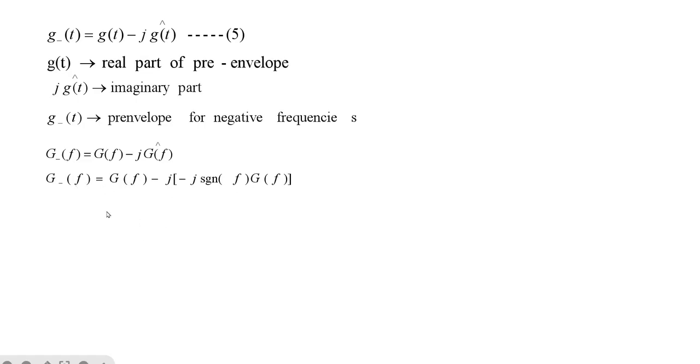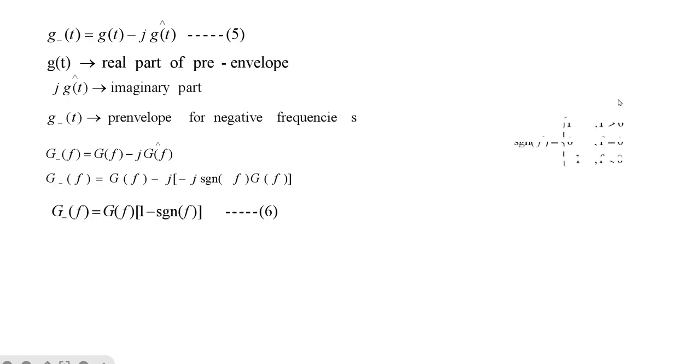So this equation will now be written as g minus of f is equal to g of f minus signum function into g of f. Again, g of f is common in both the terms. We have taken g of f common, and in the bracket remains 1 minus signum function. We'll take this as equation number 6.